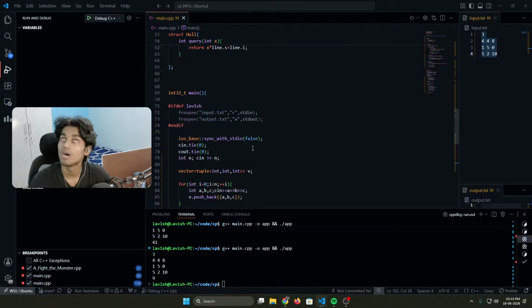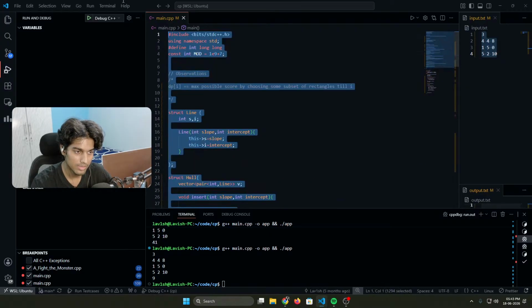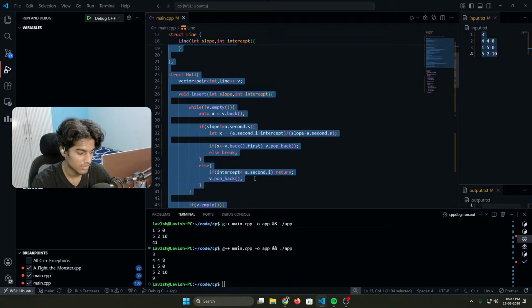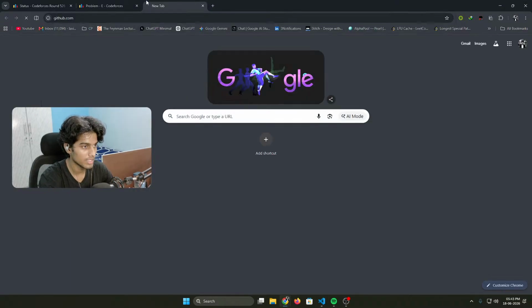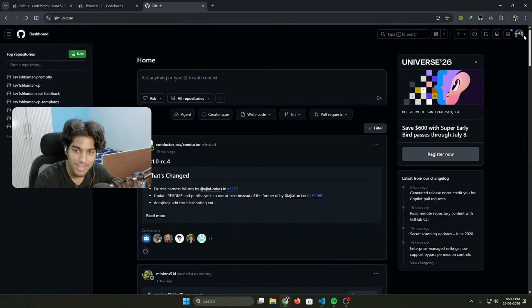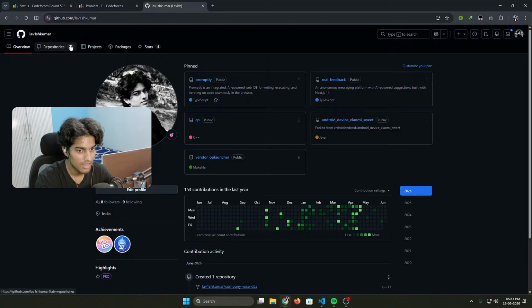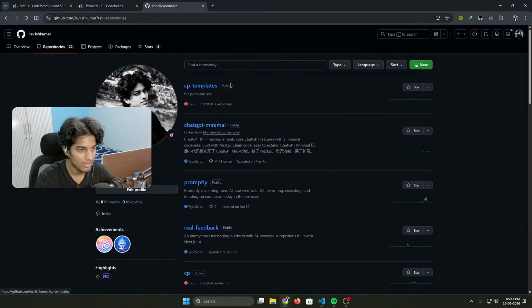But like, convex hull, this thing is enough, so okay, let's quickly put it on my GitHub. Accept it. Let's go. CP templates.